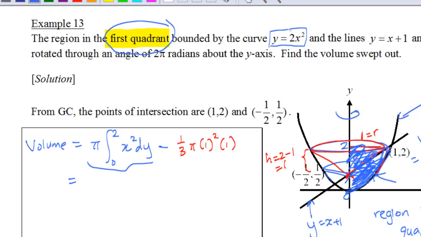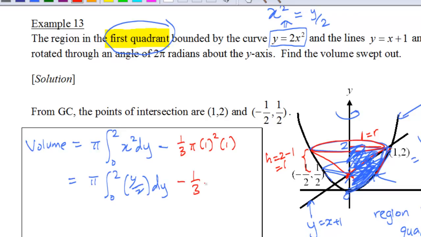So y equals 2x squared tells us that x squared should equal y over 2. So from our integral here, it simplifies to the integral from 0 to 2 of y over 2 dy. And the volume of the cone will simplify to 1/3 pi.